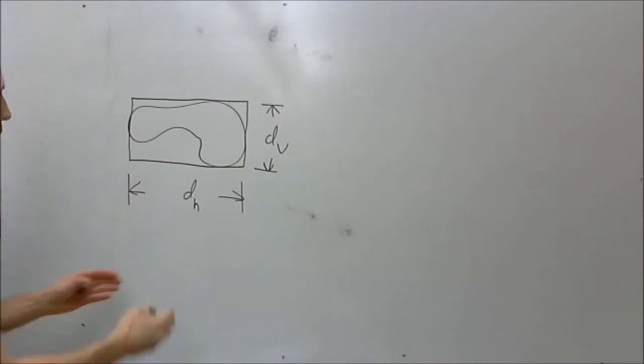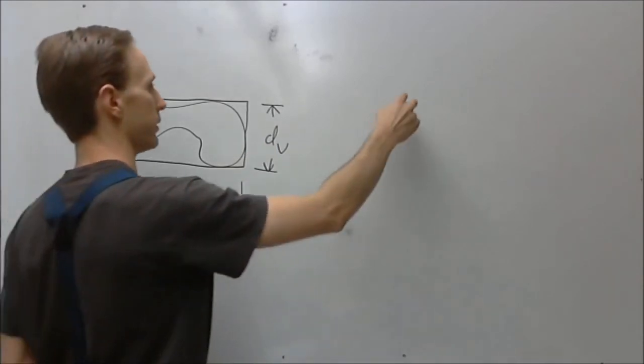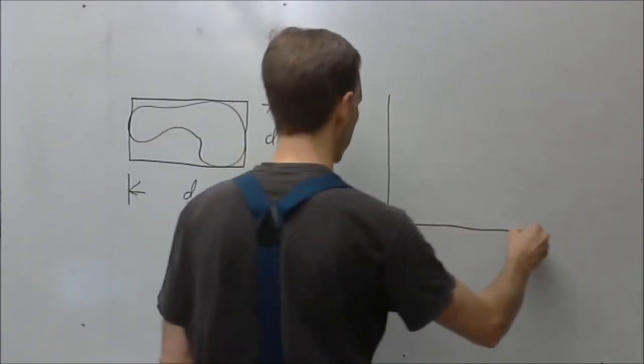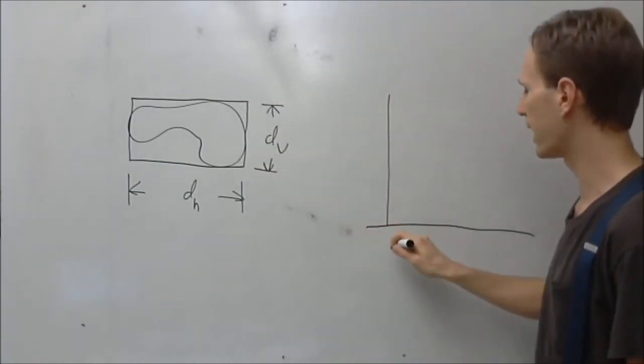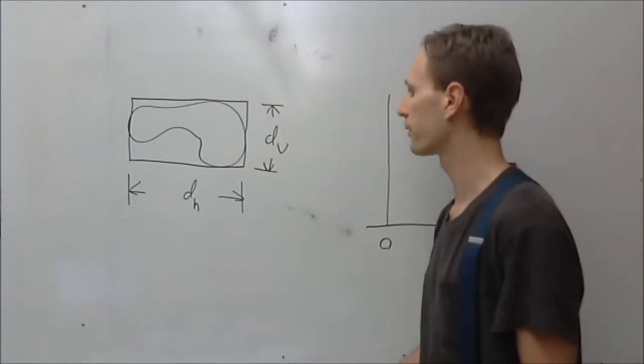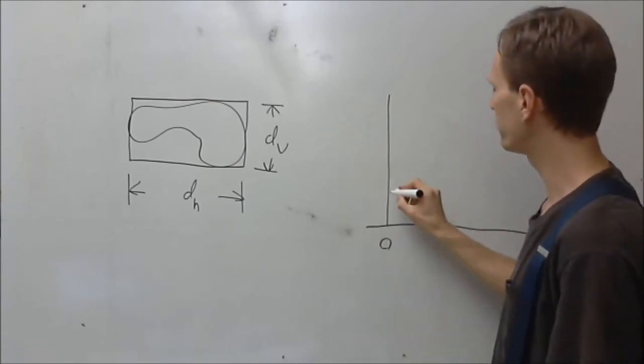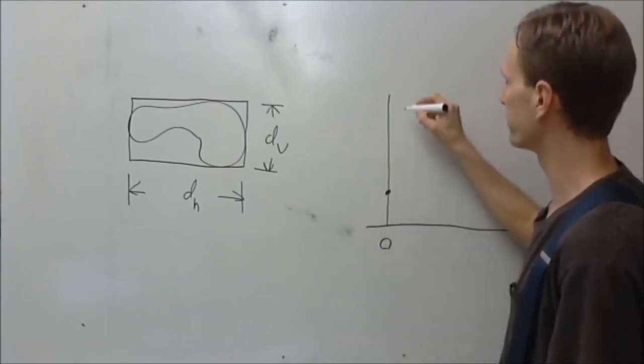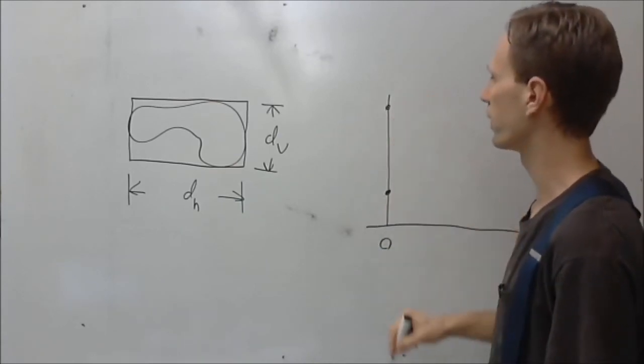Now, clearly these two things are not the same. Now let's say that this is an angle of 0 degrees. dV is a lesser value, dH is a greater value.